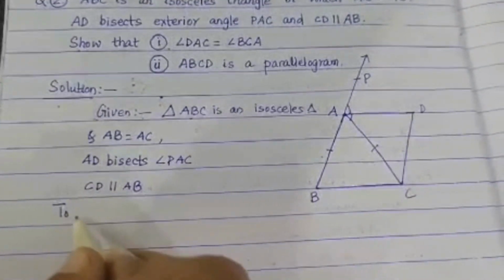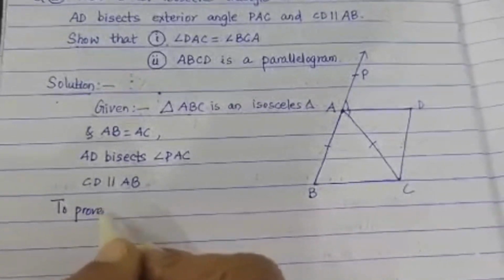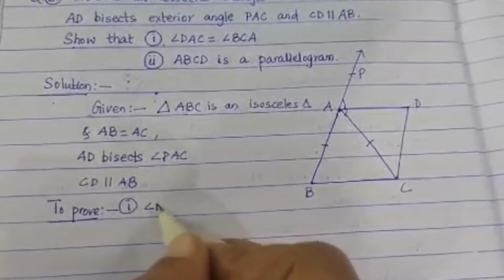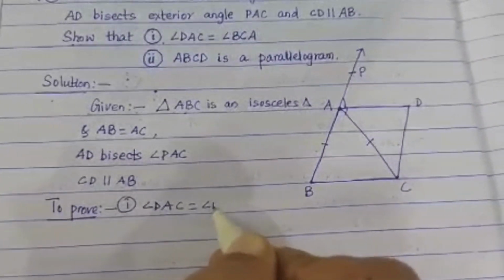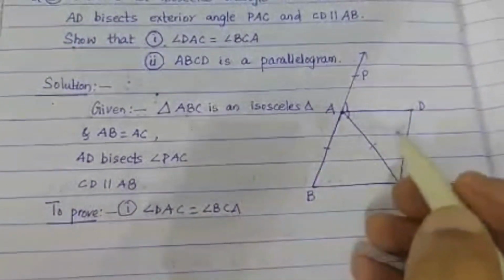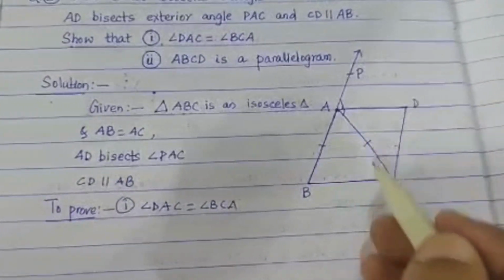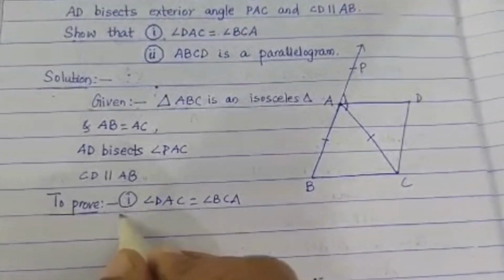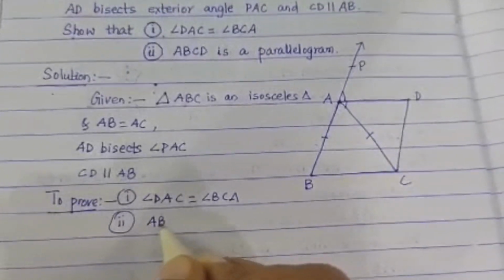Now what we have to prove? To prove, first one was angle DAC is equal to angle BCA. And second one was ABCD is a parallelogram.